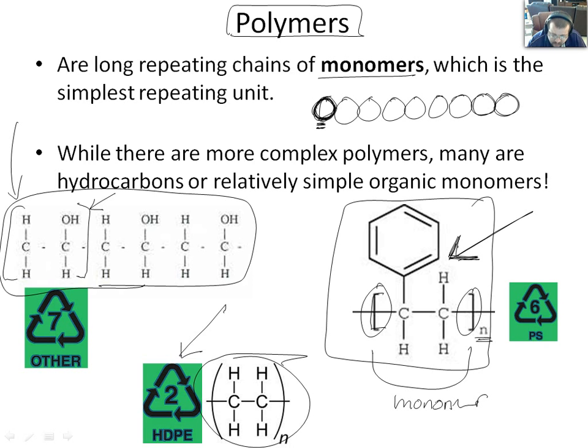Ethylene. What did our eth prefix mean? 2 carbons. So we can start to tie the naming scheme that we're used to into something we can use with things that are more complex. This is high density polyethylene, or many 2 carbon groups. This would be our monomer, and the N again signifies we have as many as we need there to make up our polymer.